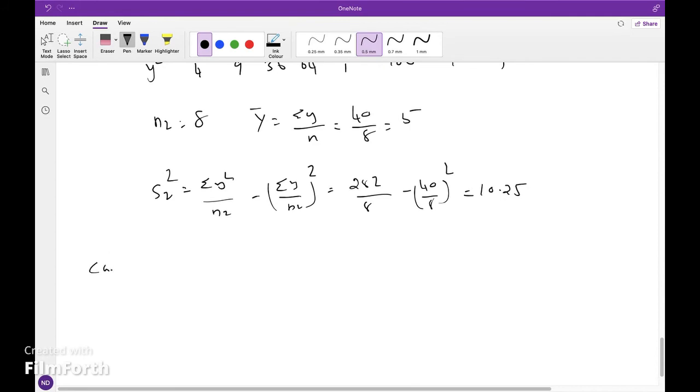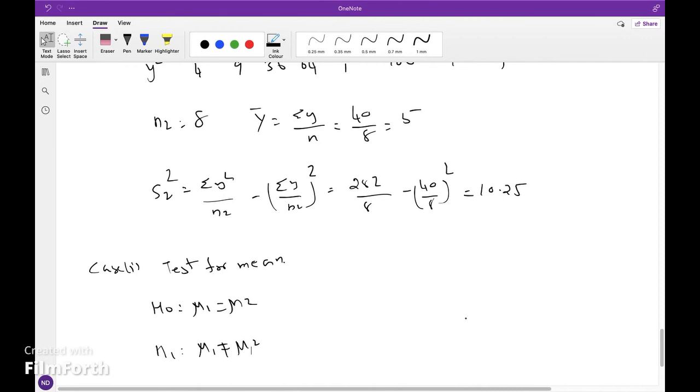First case, case 1, test for mean. So here H0: mu1 equal to mu2. That means there is no significant difference between the means of the two populations from which these samples are drawn. H1: mu1 not equal to mu2. That means there is a significant difference between the means of the two populations from which these samples are drawn.